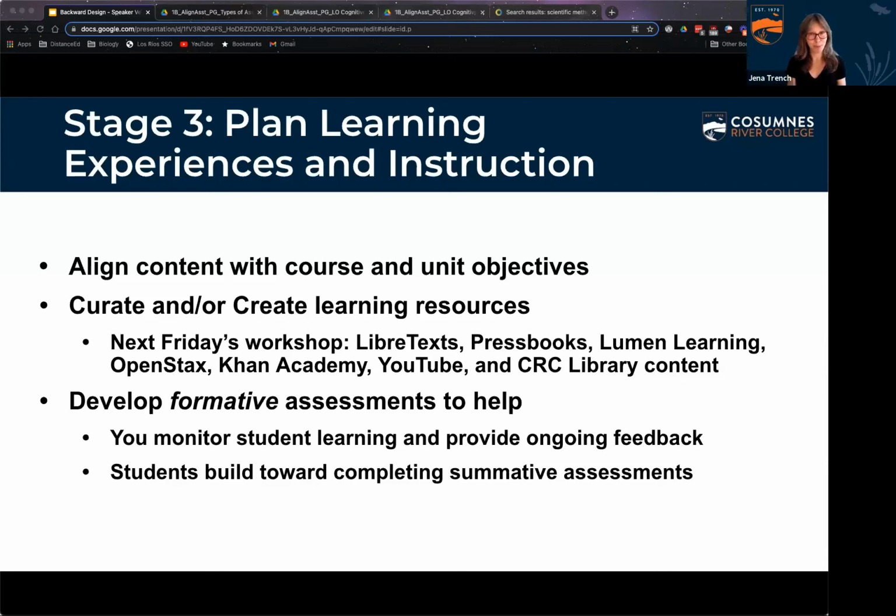Obviously, PowerPoints like this one, handouts, videos, even formative assessments. These are also learning activities. Formative assessments are low stakes assessments that help students get ongoing feedback on their progress, and it also helps build their mastery of the objectives towards the final summative assessments.